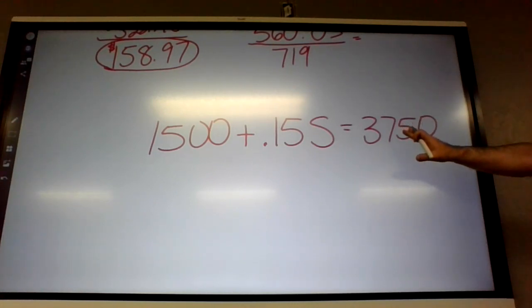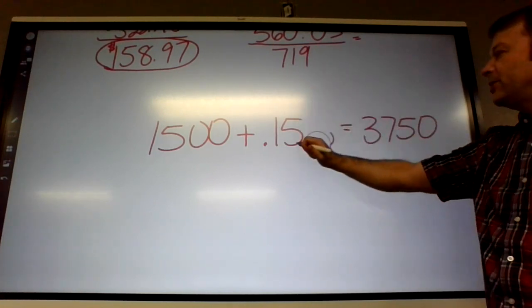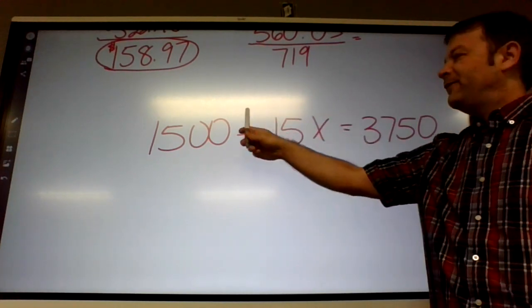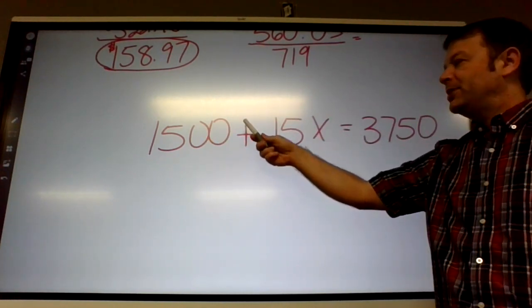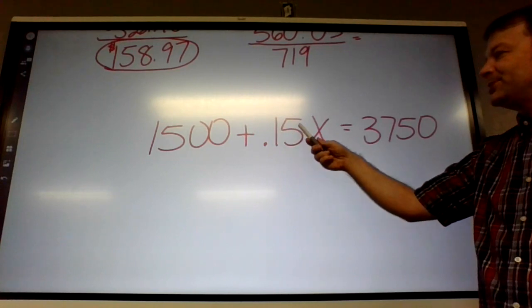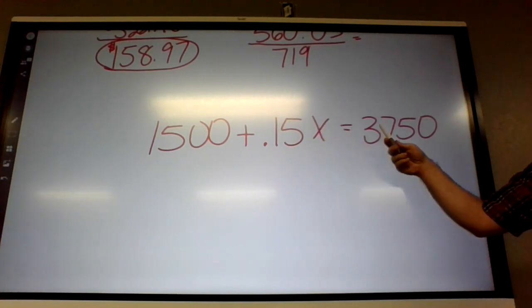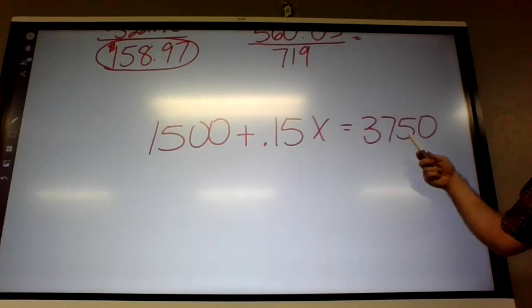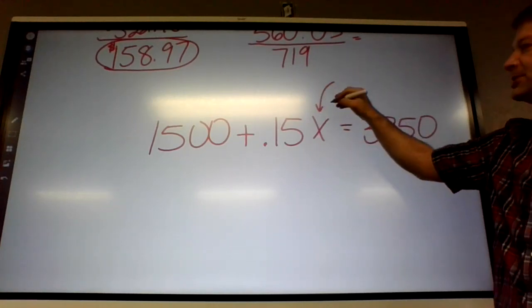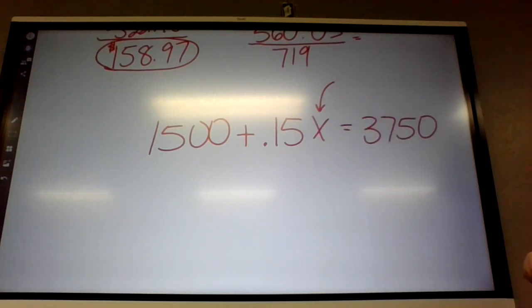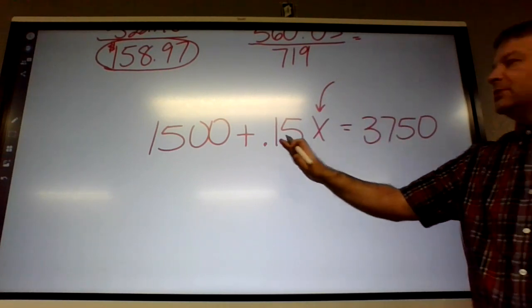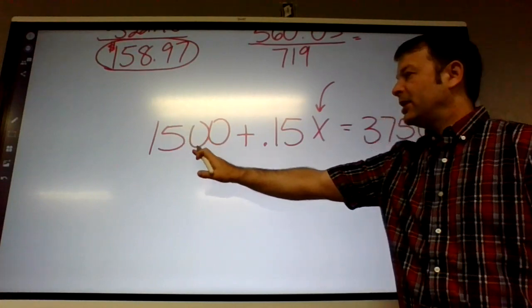Or we could call this an X. He's gonna make $1,500 no matter what, plus he's gonna make 15% of what he sells, and he wants to make $3,750. So how do we figure out how much does he need to sell? Right, just do some algebra. Subtract 1,500 from 3,750.